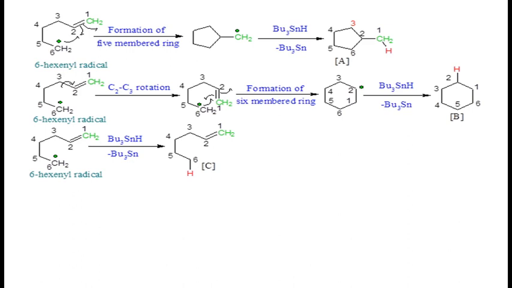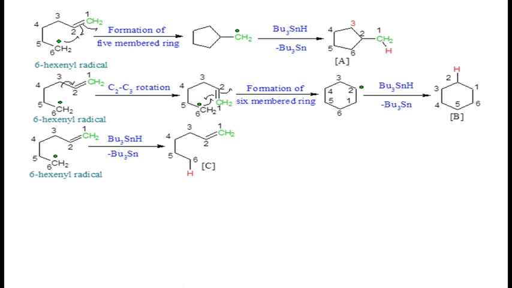Now the key point, remember that if you have to decide how to synthesize 5-membered ring compounds, you should think about the free radical reaction. When we think about the preparation or synthesis of 6-membered compounds, we think what?